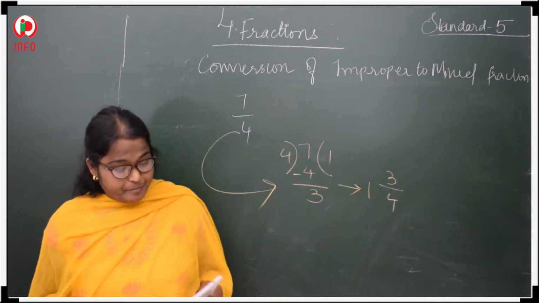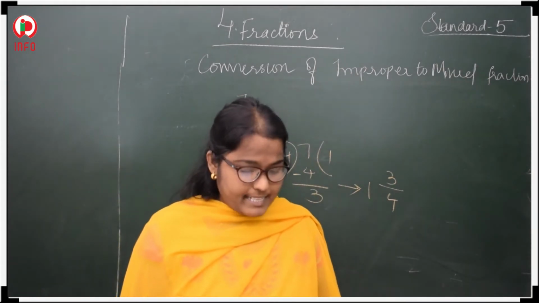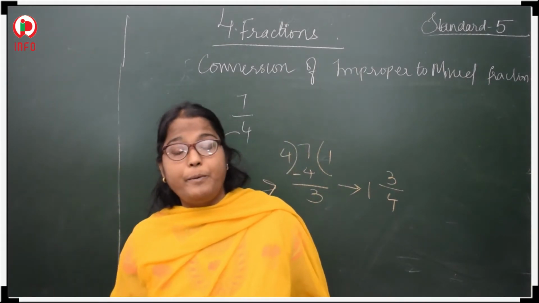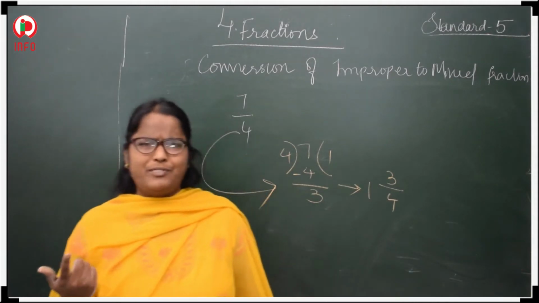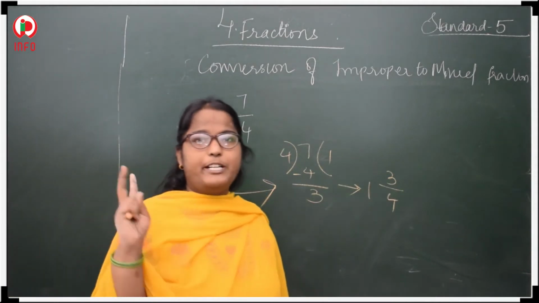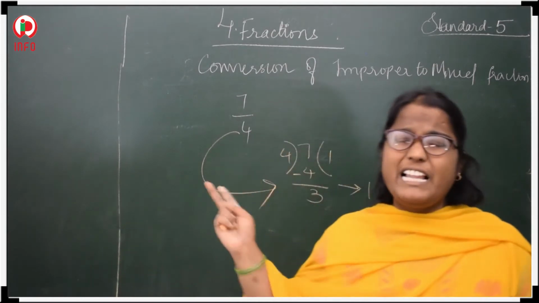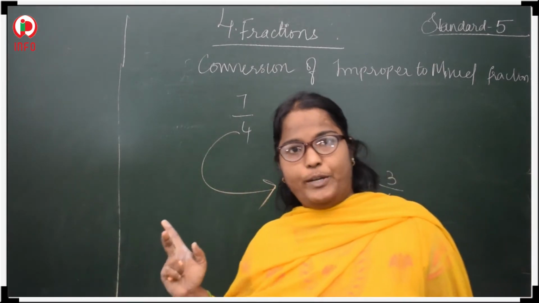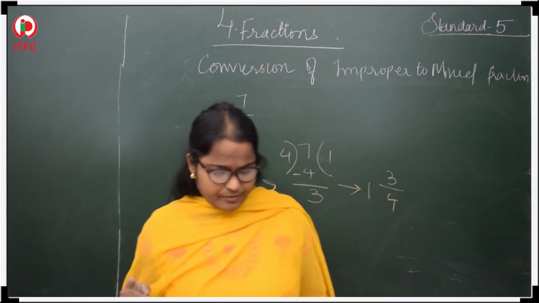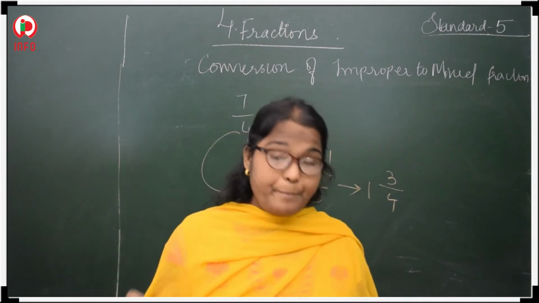Already we have written: a mixed fraction can be expressed as an improper fraction, and an improper fraction can be converted into a mixed fraction. Now children, we have explained two concepts that go both ways. Next, we can express a mixed fraction as an improper fraction.